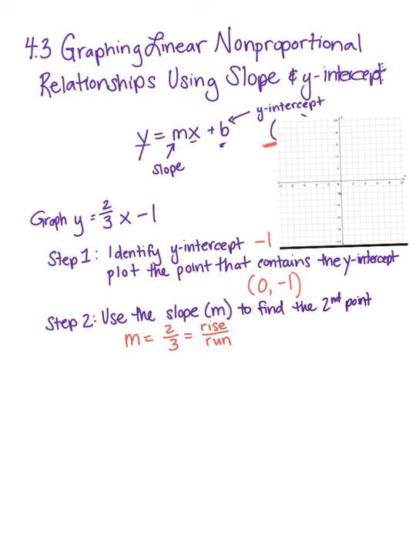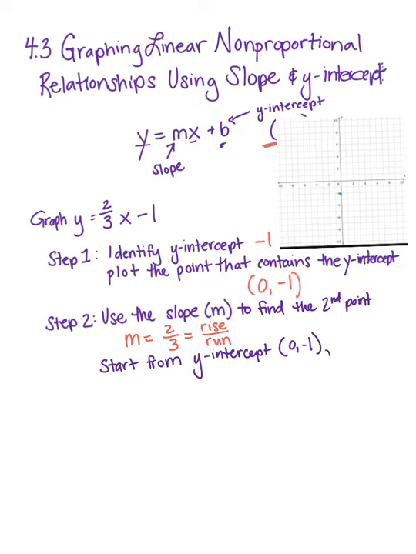Okay, so we're going to start from our y-intercept, which is 0, -1, right? And we're going to use this rise over run.